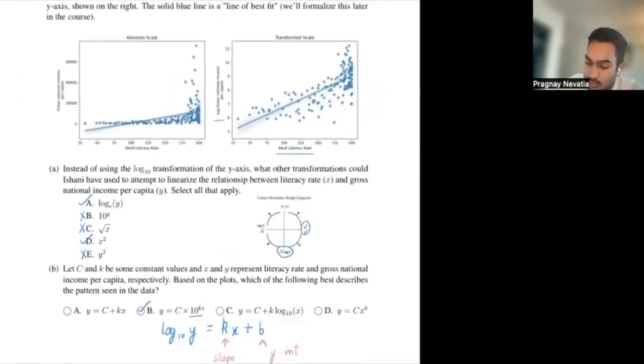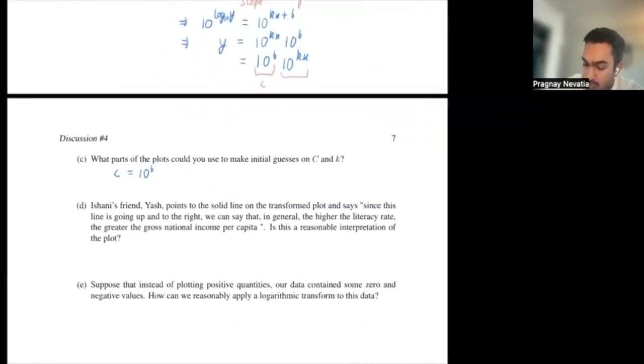So when this reaches 0 at some value, that value will be the y-intercept. This will be b. So c is equal to 10 to the b, and b is the y-intercept of the trend line.